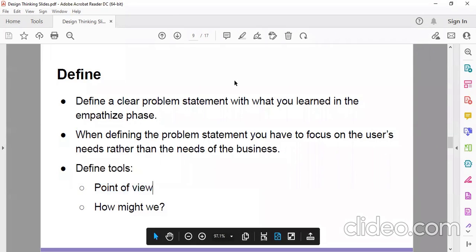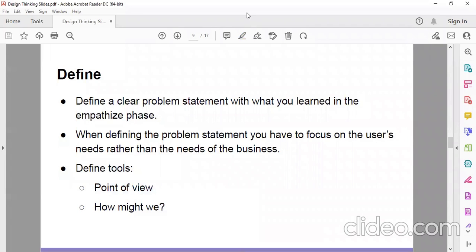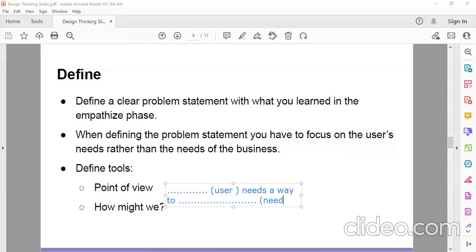So we can create a template here. So first you have to write the user name, right? The user needs a way to... here you have to mention their need, they want to do something, so that need should be given here.